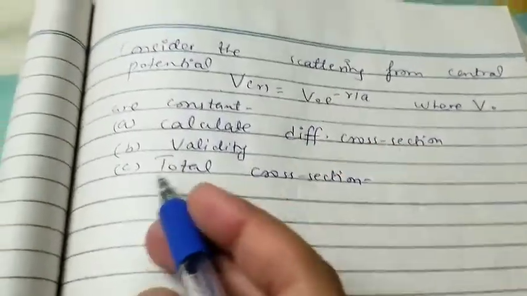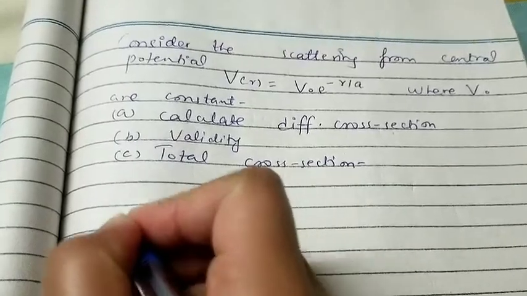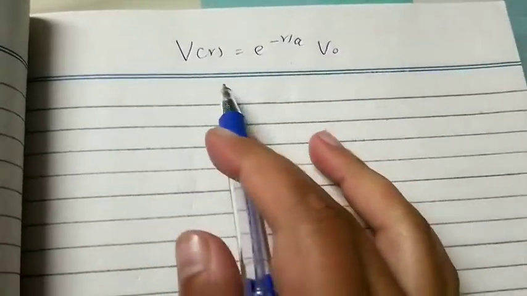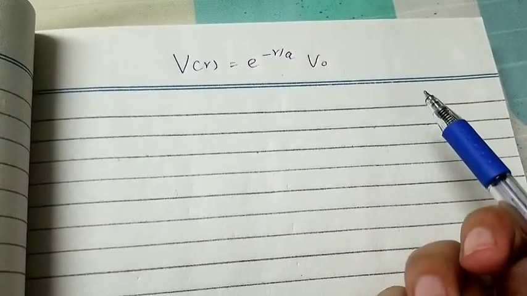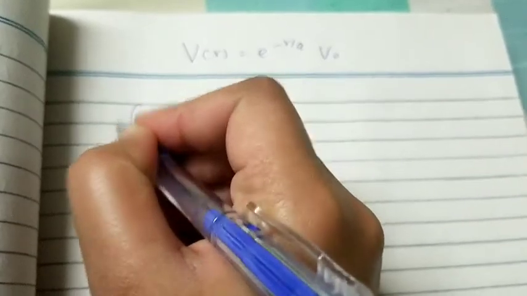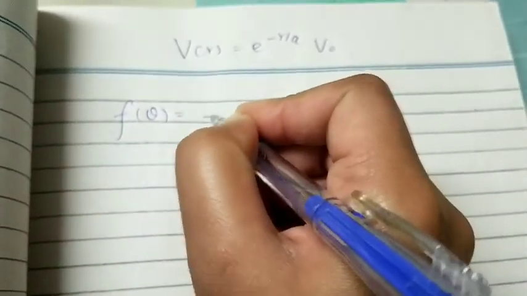So for the first part, since this is a spherical potential, here is the potential. Since this is a spherically symmetric potential, we'll use the formula for a spherically symmetric potential, and that is easy for us.